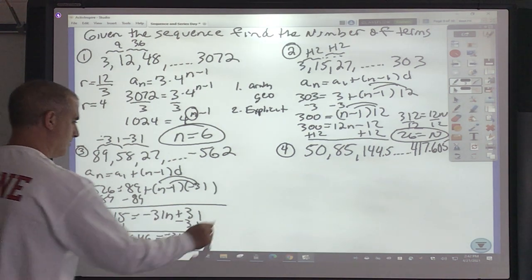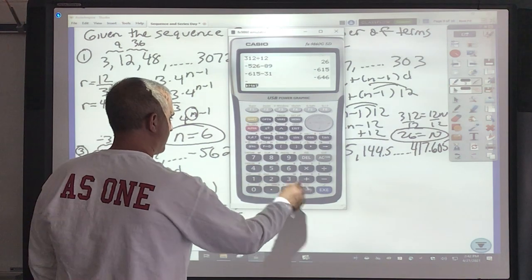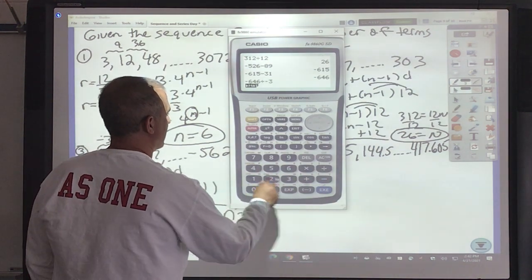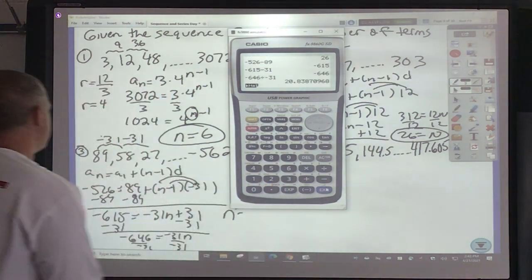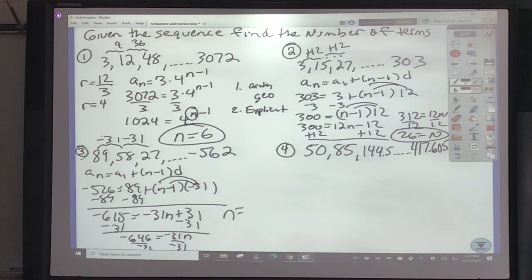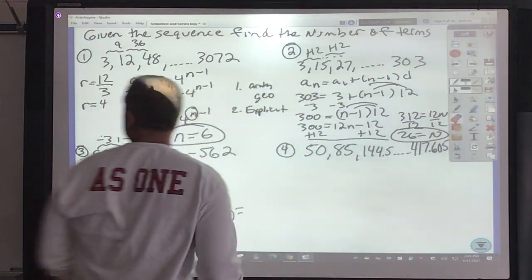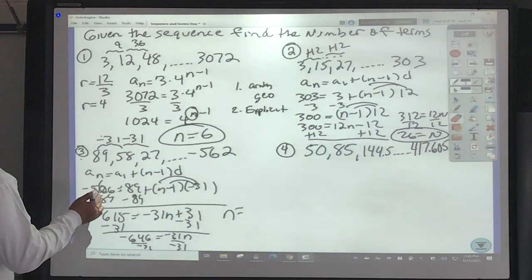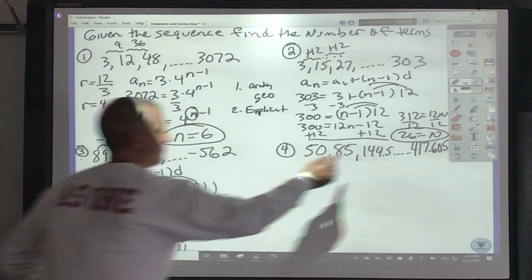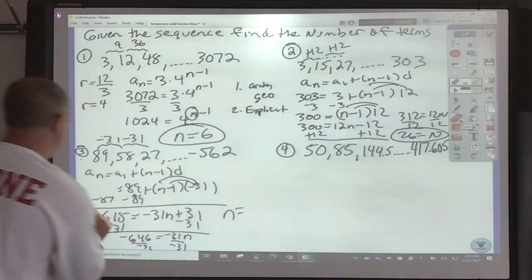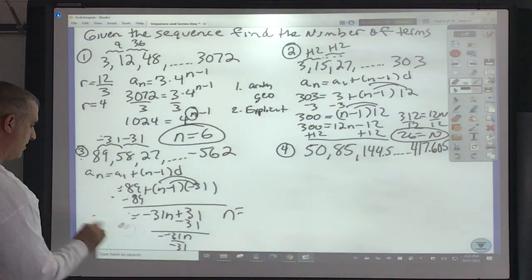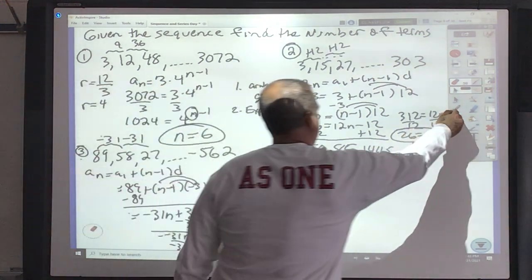I hope this works. Negative 646 divided by negative 31. I did something wrong here. What did I do wrong? Oh, it's 562 at the beginning. Sorry. So you know what, it felt like something wasn't right there.